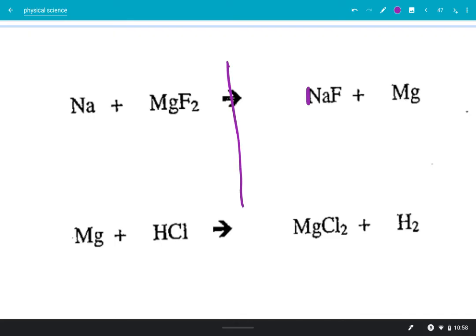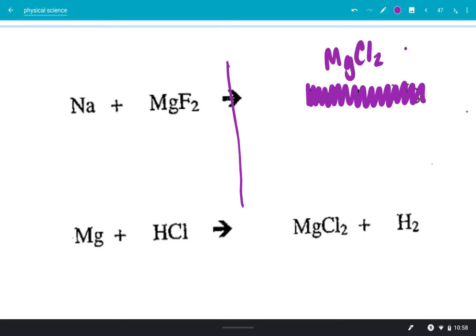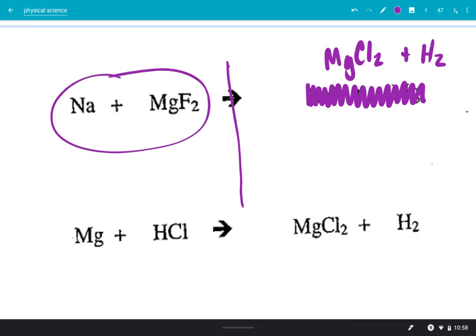If this, instead of saying sodium fluoride, tried to say magnesium chloride plus H2, there's no way you could turn sodium plus magnesium fluoride into magnesium chloride and hydrogen gas.